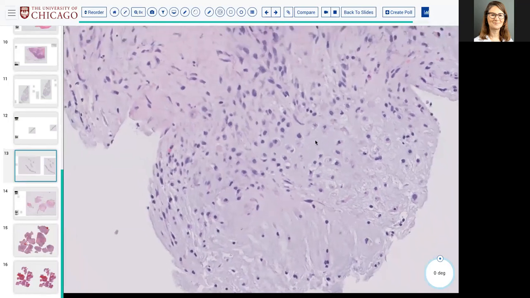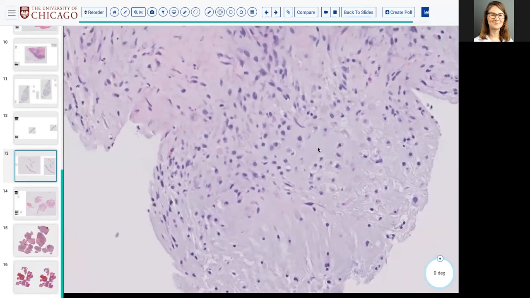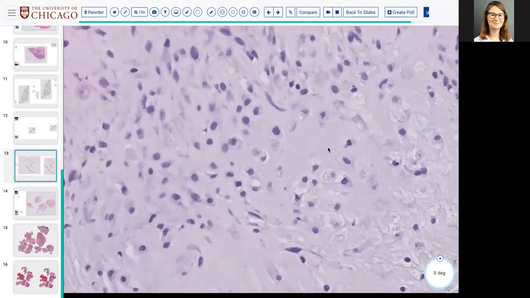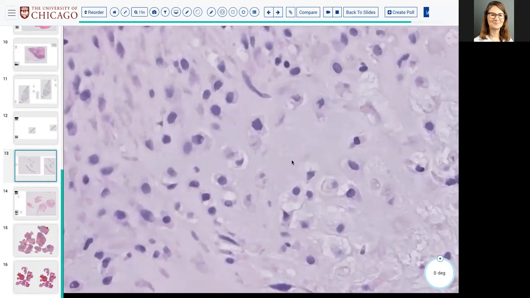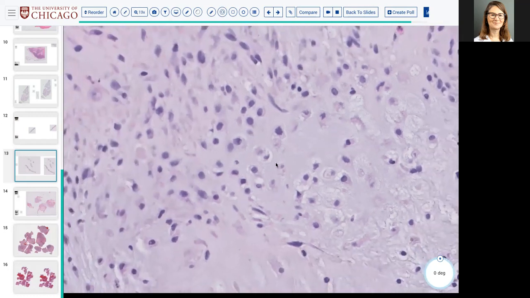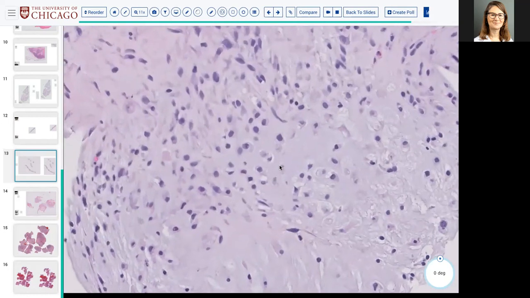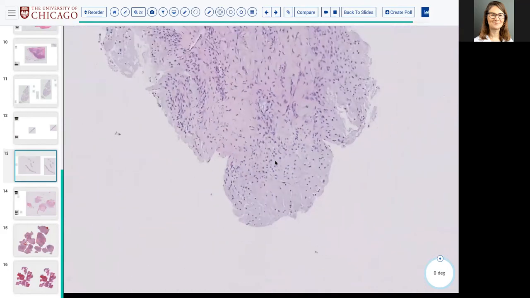Now we've sort of morphologically shifted to a vaguely more chondroid appearance. So the background has become a little bit more arguably homogeneous and dense and almost like glassy, like hyaluronic acid. So thinking more about cartilage rather than just myxoid, although there's certainly a spectrum. What else makes you think about cartilage or chondroid?